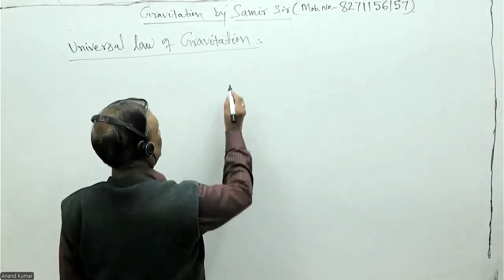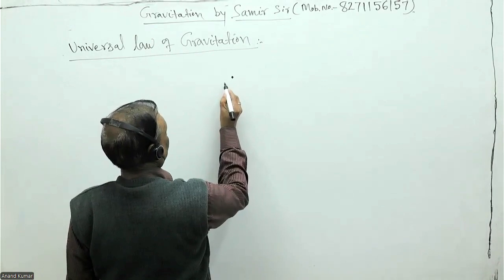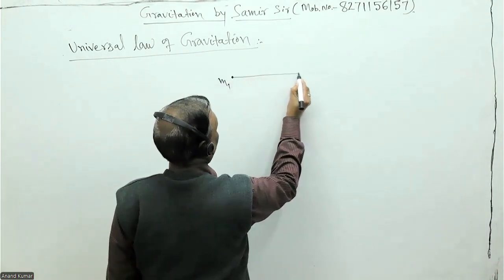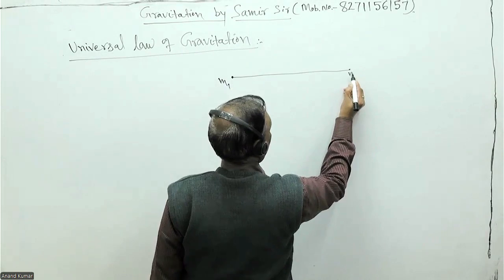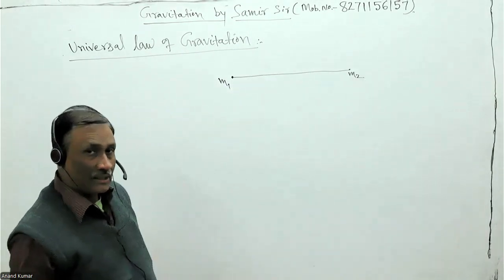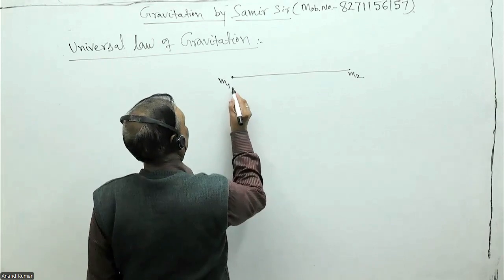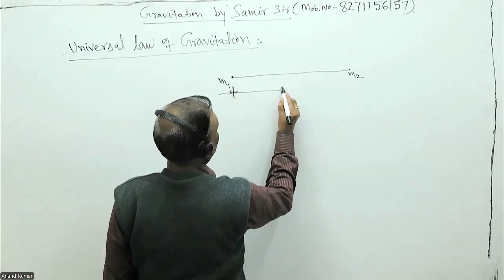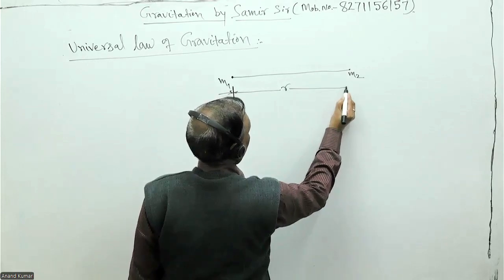Suppose there are two bodies, m1 and m2, and the distance between them is r.